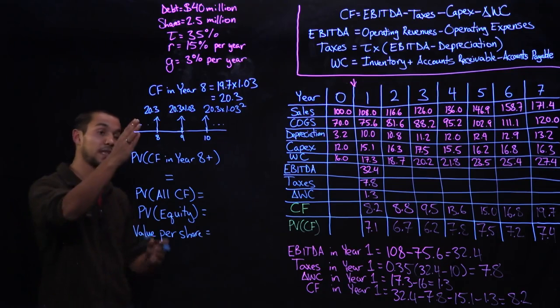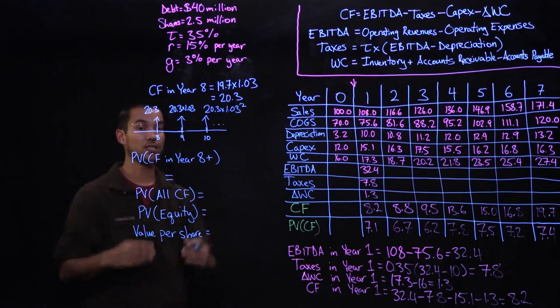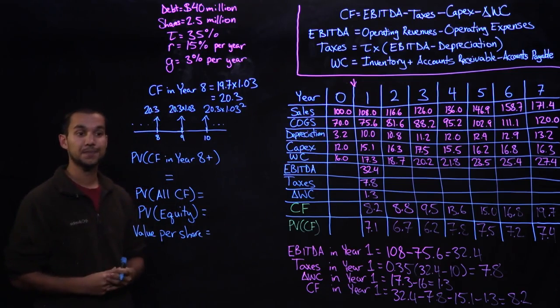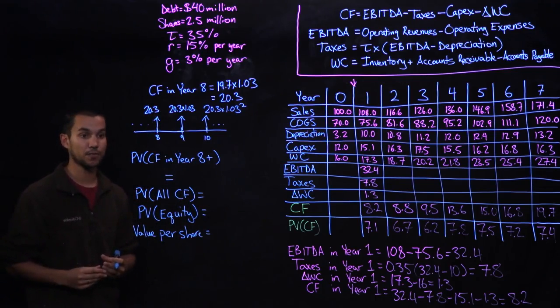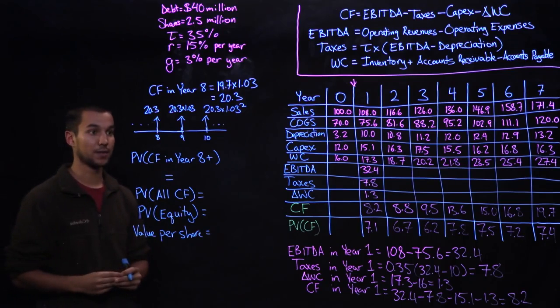Note that this sequence of cash flows is a growing perpetuity. So we can use our growing perpetuity formula to calculate their present value.